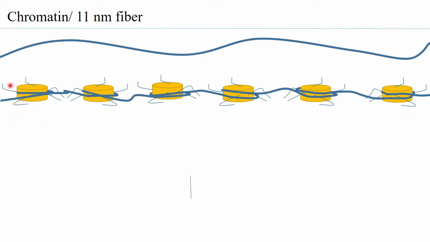The DNA wraps around one nucleosome, and this bead is what is called the nucleosome core particle, or the nucleosome. And every nucleosome is responsible for the first condensation. Therefore, a nucleosome is considered to be the unit of chromosome.